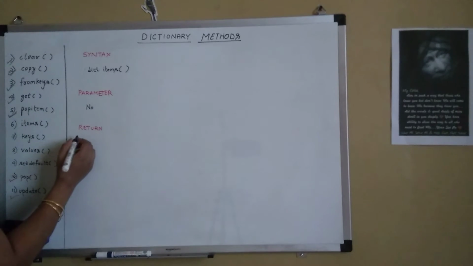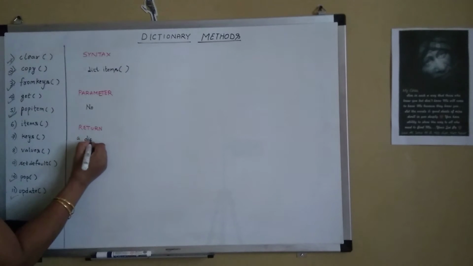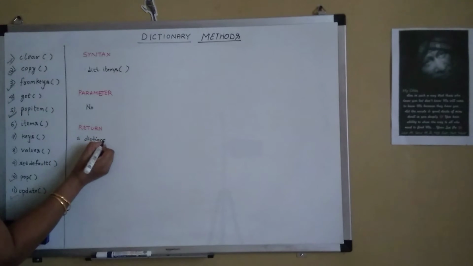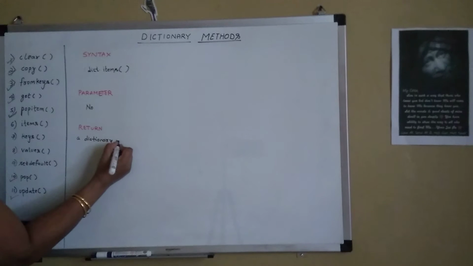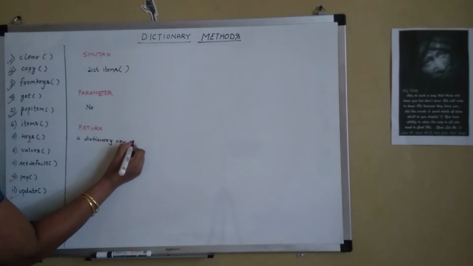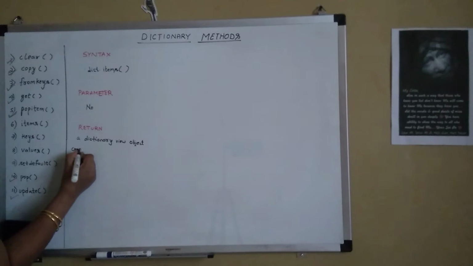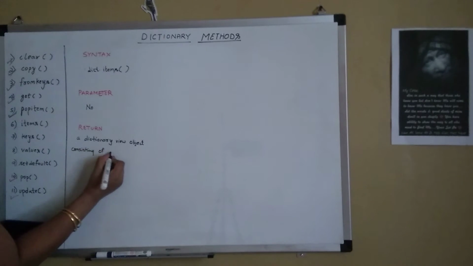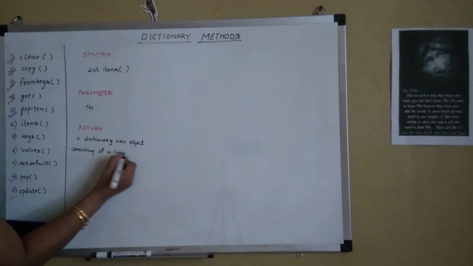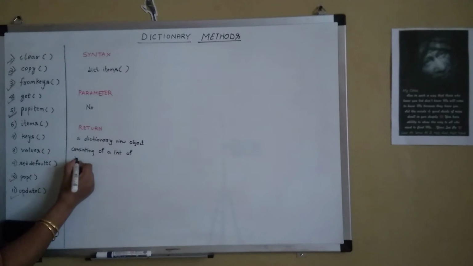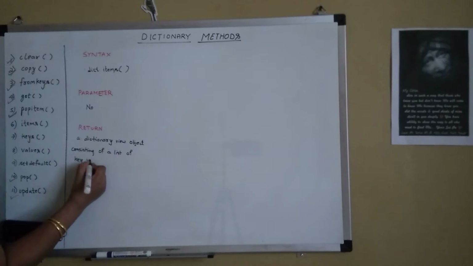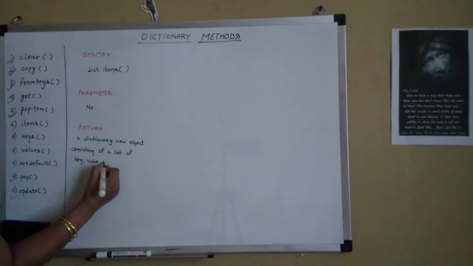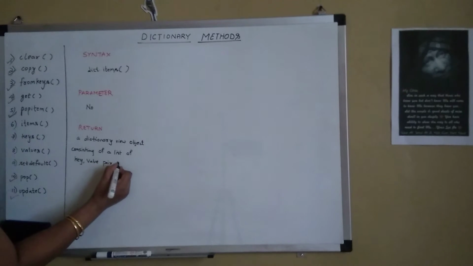And what is the return type? It returns a dictionary view object consisting of a list of key and value pairs in the dictionary.